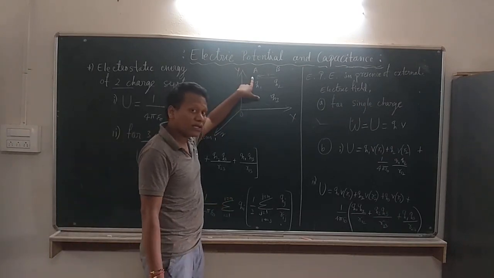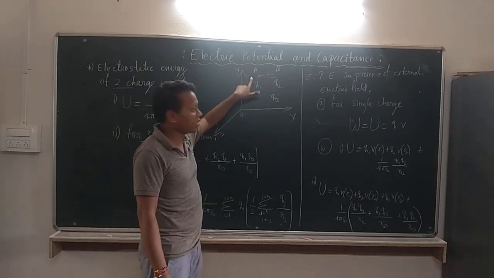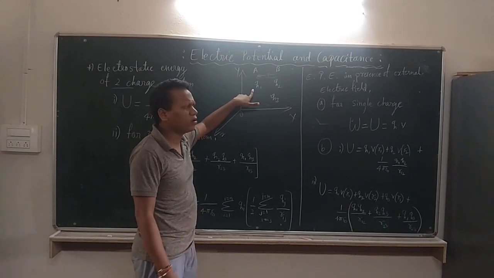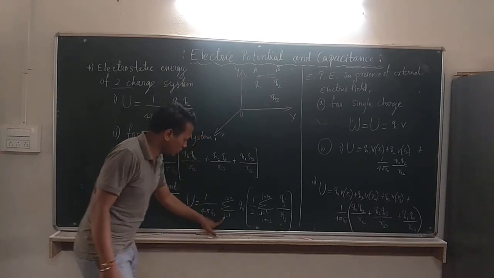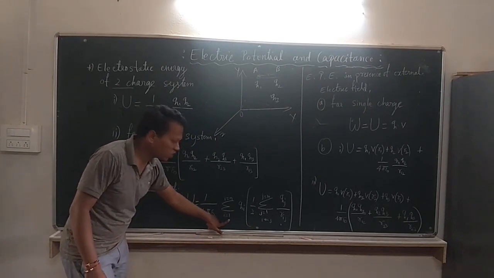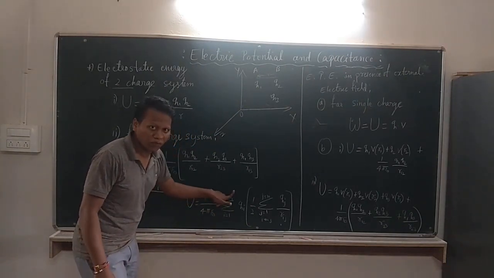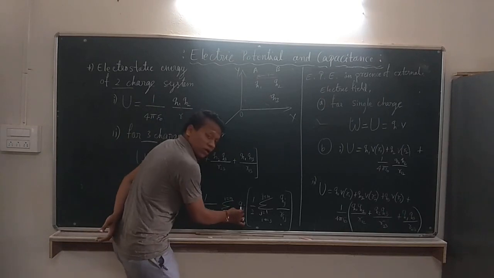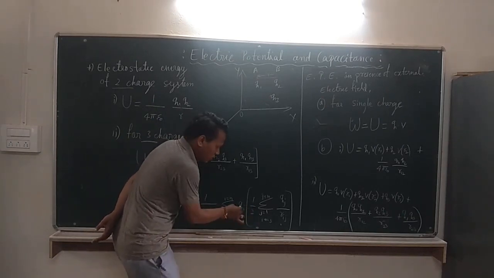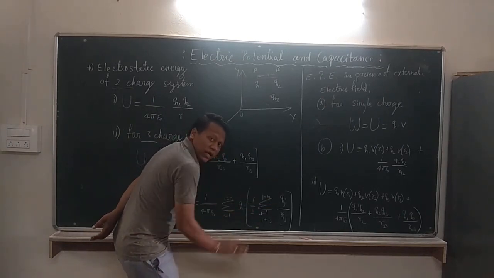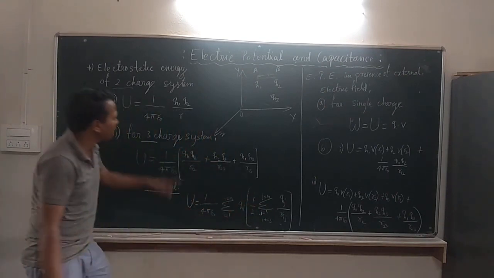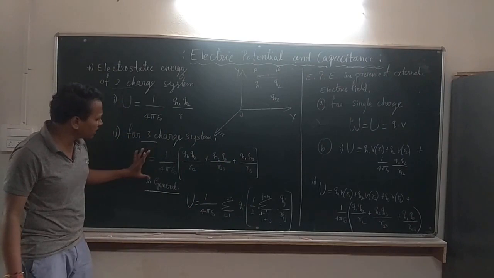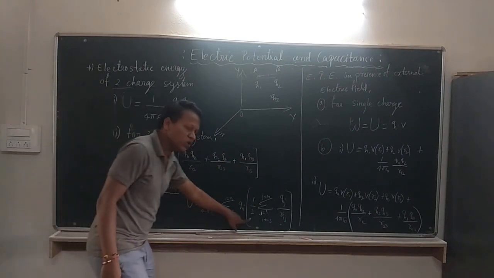i is indicating the first charge, that is Q1, the reference charge. We will take it as a source charge, so the source charge may start from i is equal to 1 to i is equal to n. Now Qi will remain the same, so we will take it outside and the variables will be taken in the bracket. 1 divided by 2, the formula remains the same, only the factors are going to change.